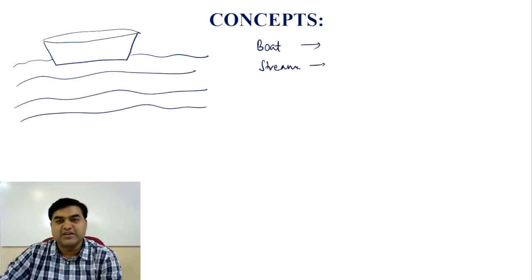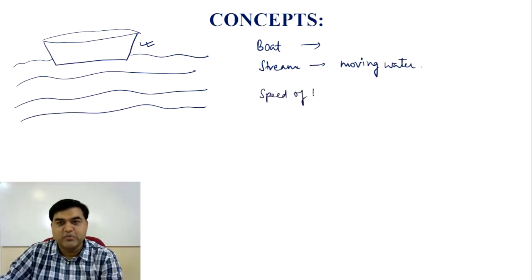A boat is an object which floats on water. Stream is moving water. So in boat and stream, we will have the speed of boat and the speed of stream.